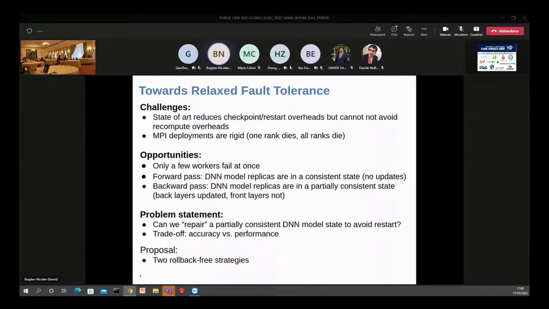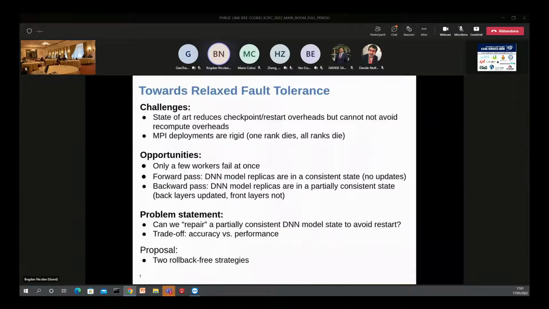So a few observations here. So not all workers will fail at once. And in that case, we have all these replicas on the compute nodes that survived, right? And if the failure happened during the forward pass, then we are in a consistent state because no weight updates were applied yet, right?